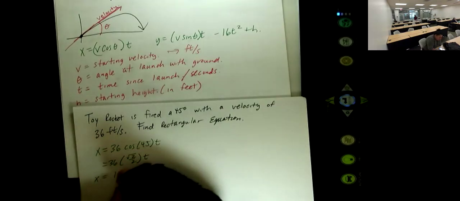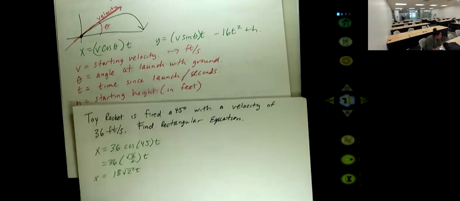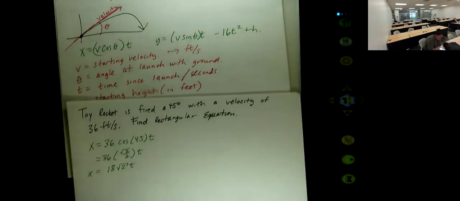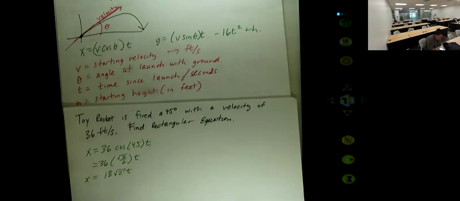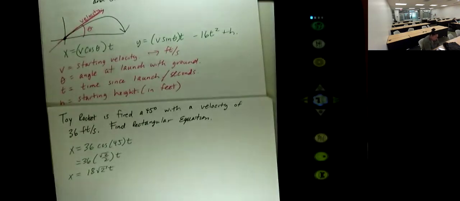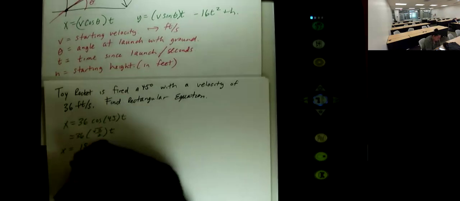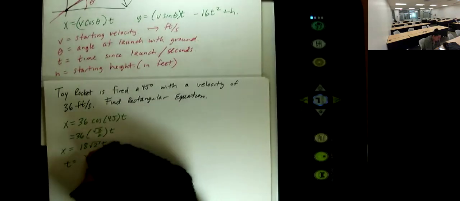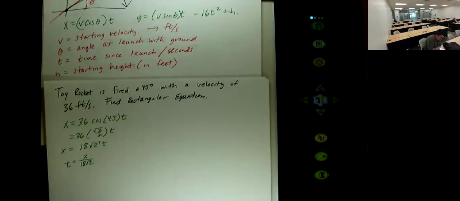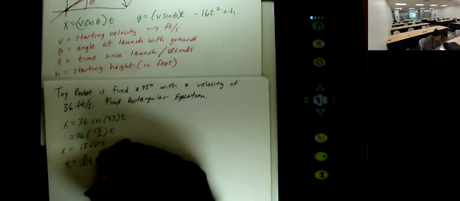So x equals 18 √2 times t. So if I divide both sides by that 18 √2, I get x over 18 √2, which is x √2 over 36 if we rationalize it.